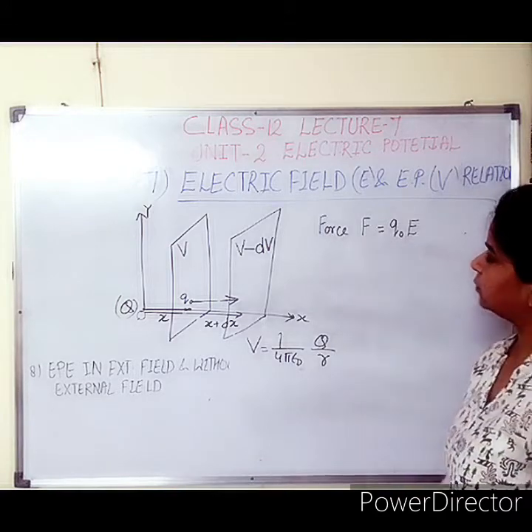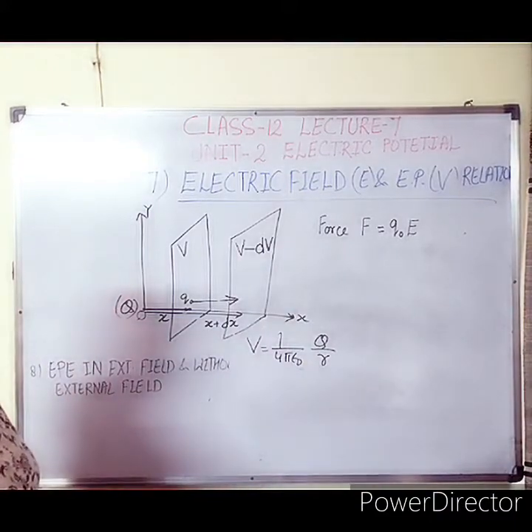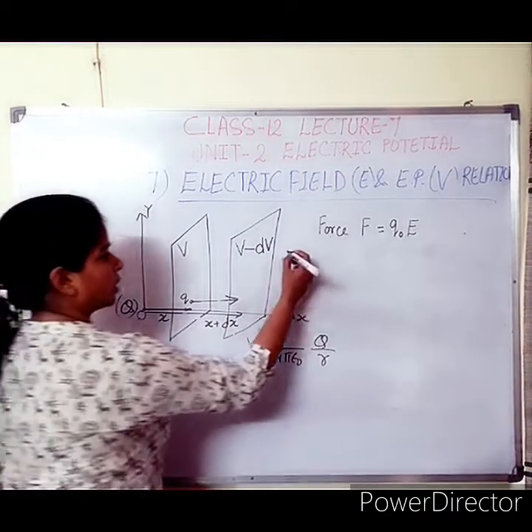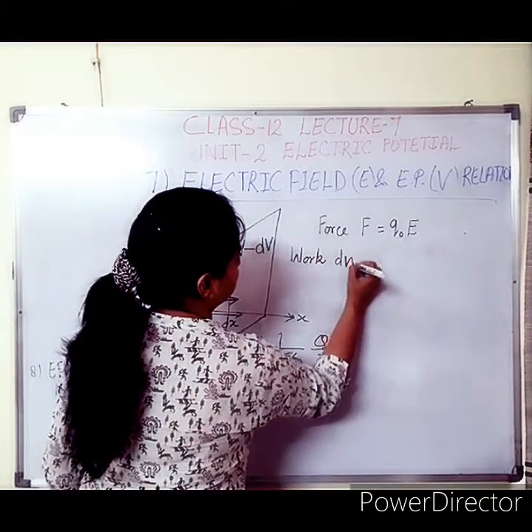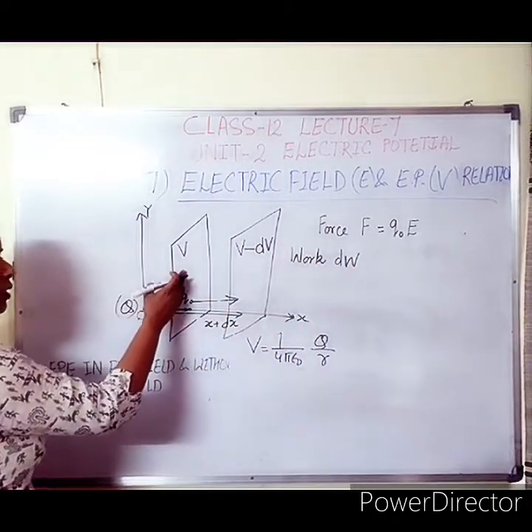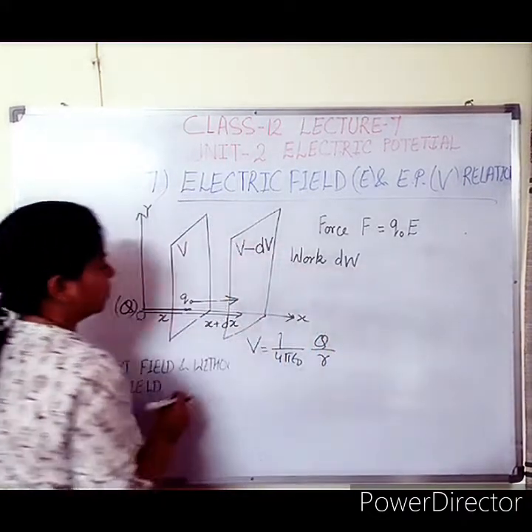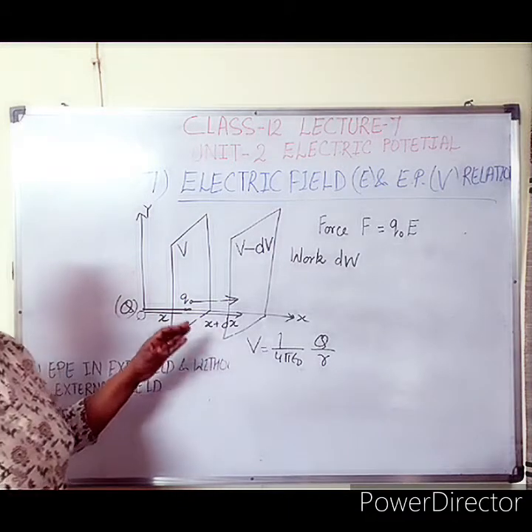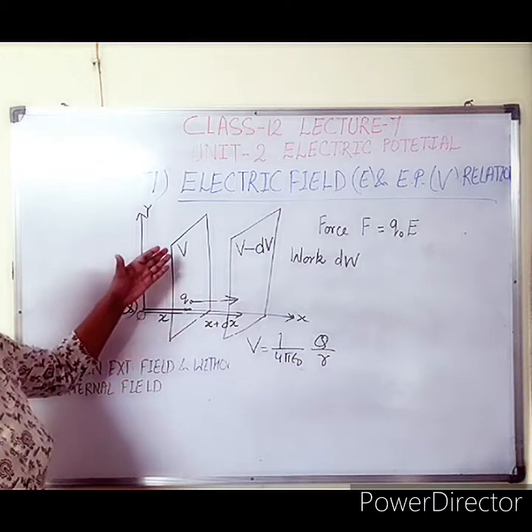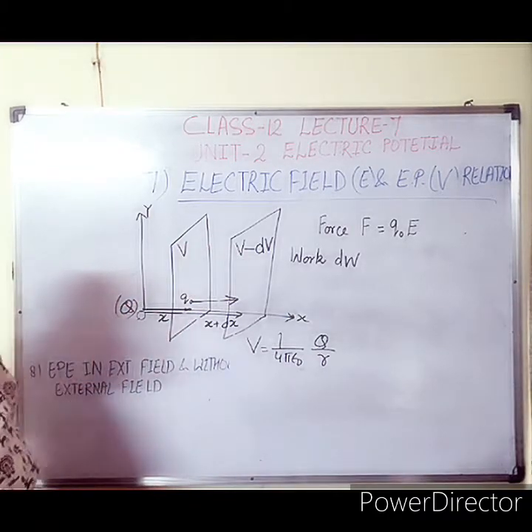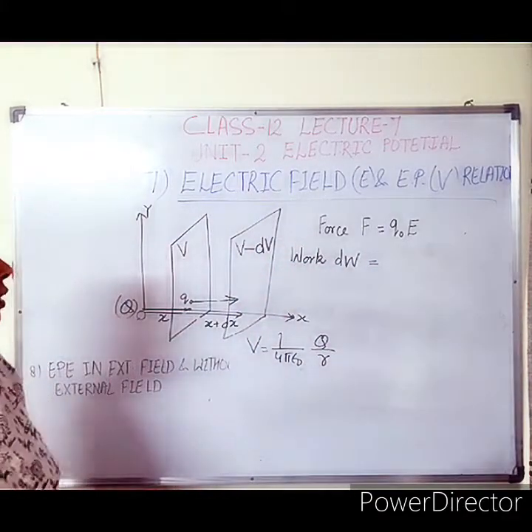This is force. Okay. Now you know that in accordance with the basic concept, a small amount of work to move this charge from the first surface to the second surface can be given as dW. So you can write it as the work done in moving the Q naught charge from surface V to V minus dV. That work should be equal to how much?